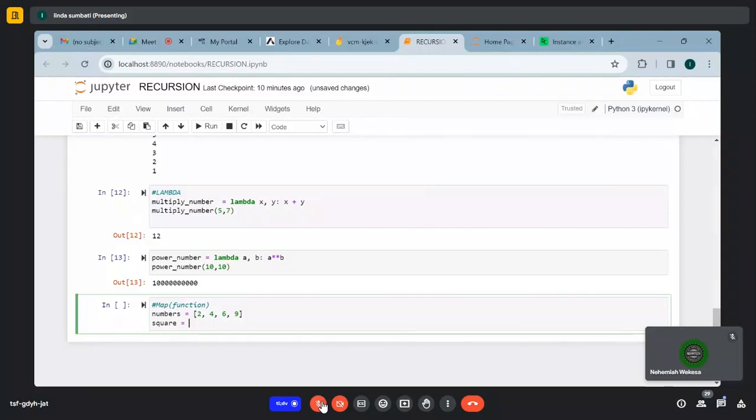Then now map comes in. Then now you call your function lambda. So after you call lambda, we've said you should place in the argument, right? So let's say the argument is a, and what do you want to do to this a? Maybe you want to square every number.